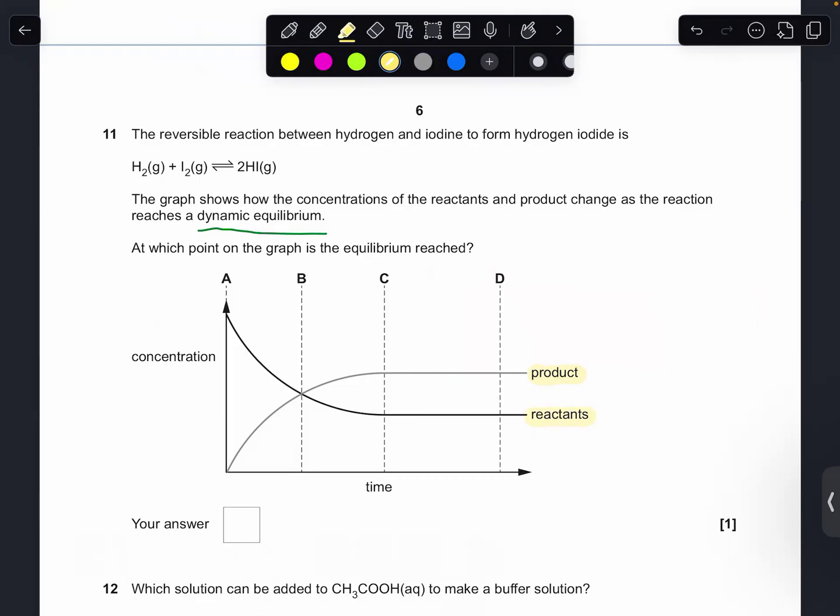When is that constant amount reached? It's reached at this point, C. After that time, the product and reactant concentrations are constant. Therefore, the answer will be C.